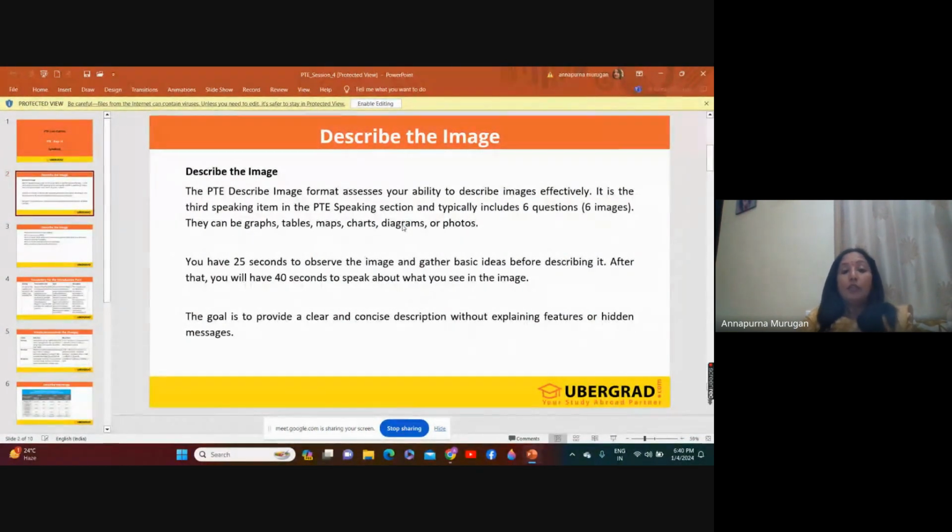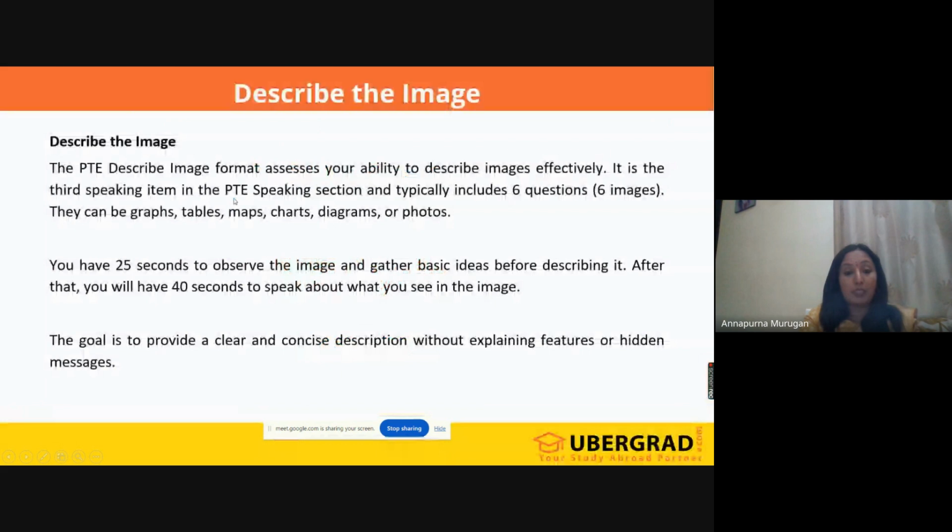PTE has this question, and believe it or not, you will have almost 6 image questions. That means it is not just one or two. You will have 6 images that you need to describe separately.